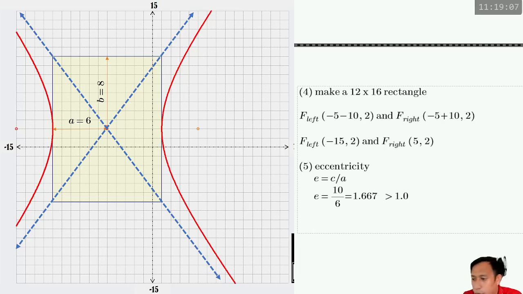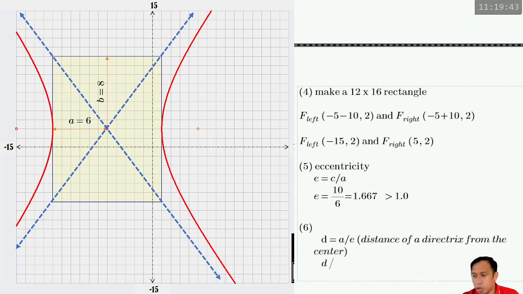Okay? Then yung next na pinapahanap, kayo na lang mag-look back ha. Next na pinapahanap is the distance between the directrices. Yung distance from center to directrix is D. Yung D is equal to A over E. Again, distance of directrix from the center.